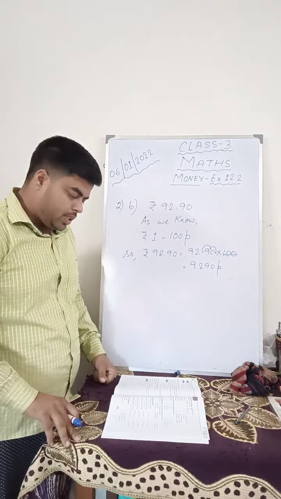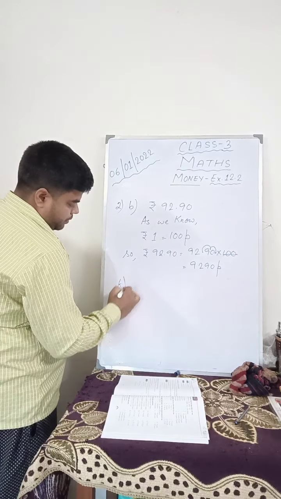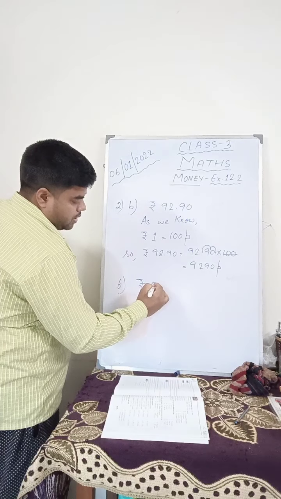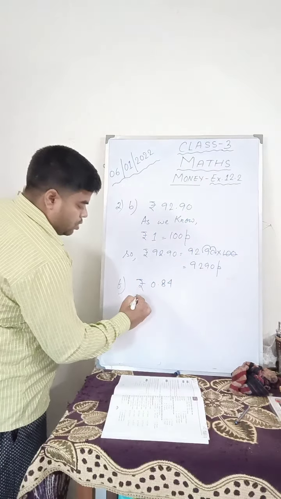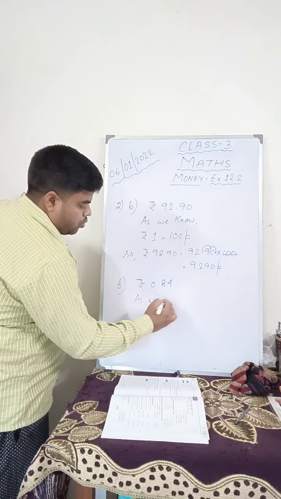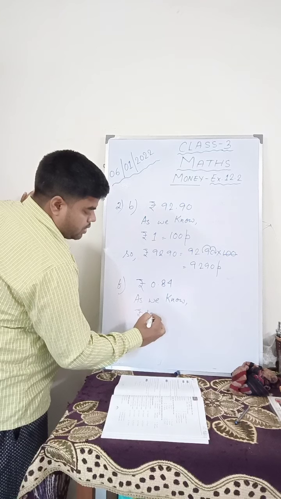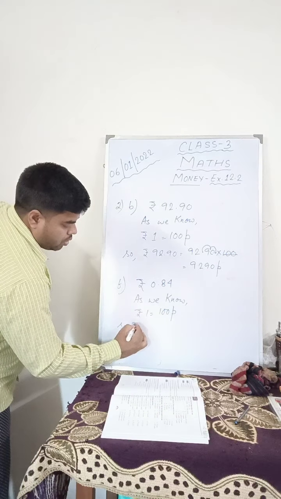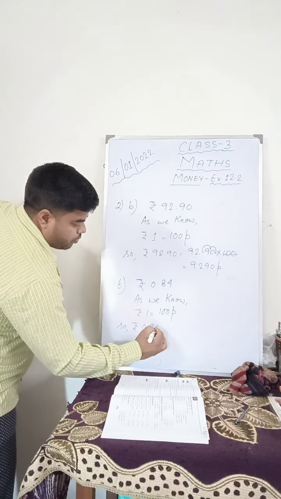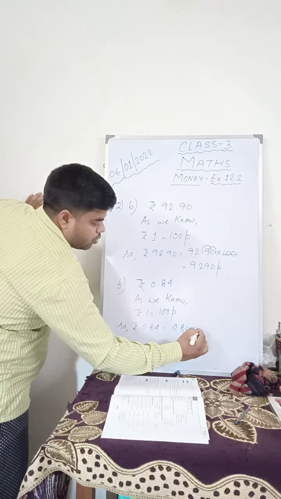Now suppose you take question number F. They have said rupees 0.84, convert this into paisa. So again you will write, as we know, rupee 1 is equal to 100 paisa. So rupee 0.84 is equal to 0.84 into 100.